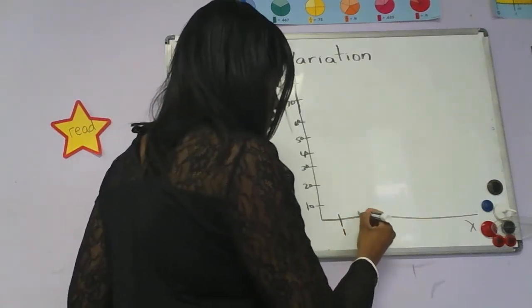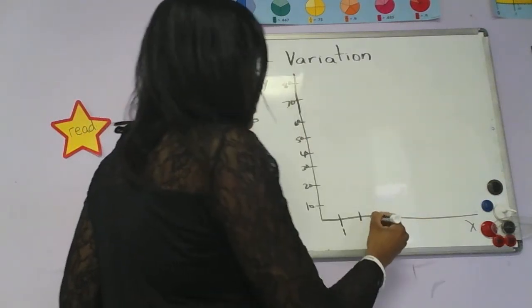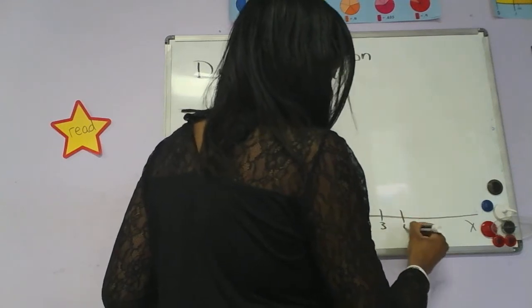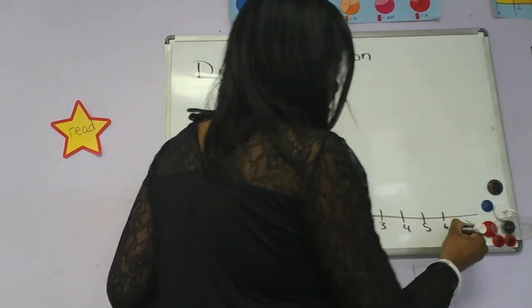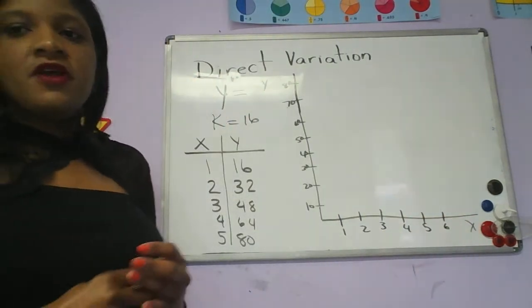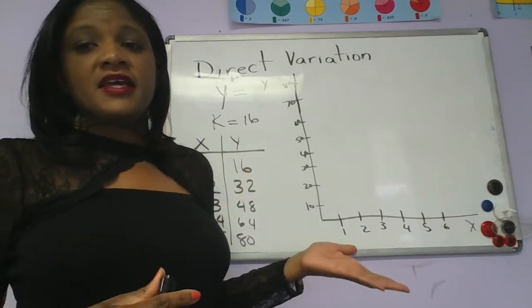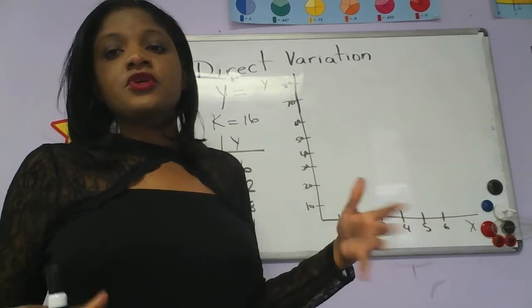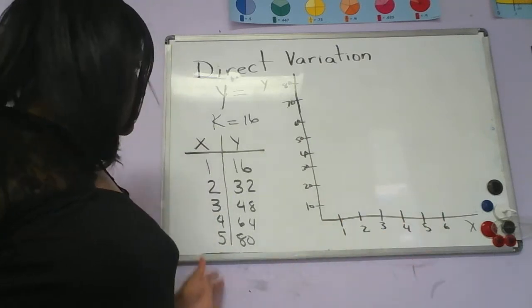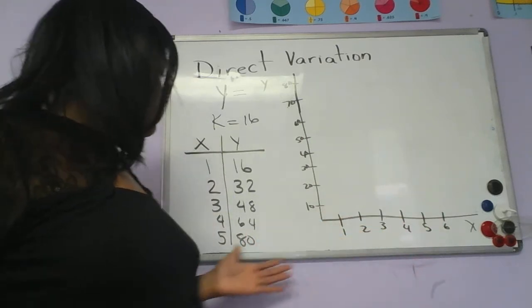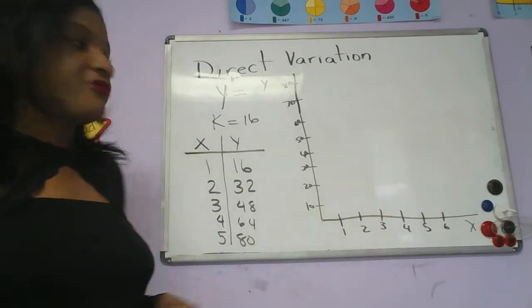So the scale that you decide on is really based on your numbers. I tell students this all the time: it's not like there's a one size fits all. So my y coordinates go all the way up to 80, so I'm going to want to use a larger interval. My x points only go up to 5, so I can use a smaller interval for that.